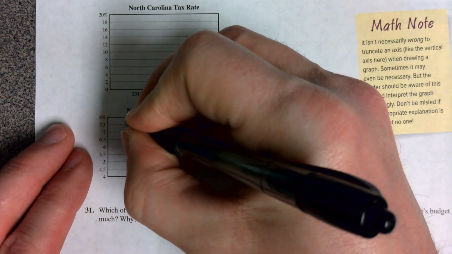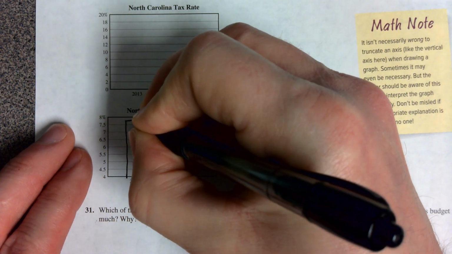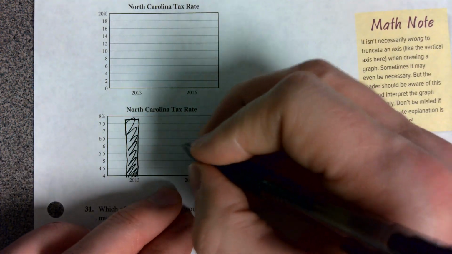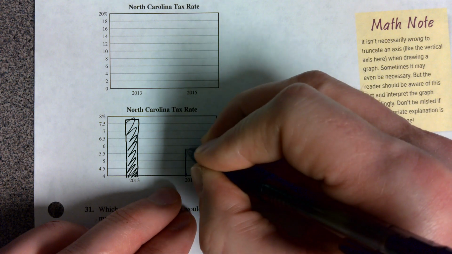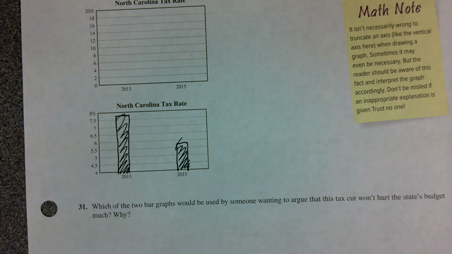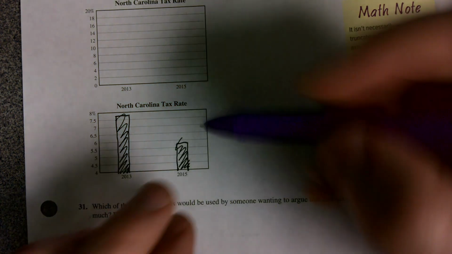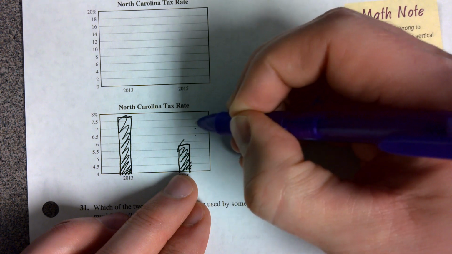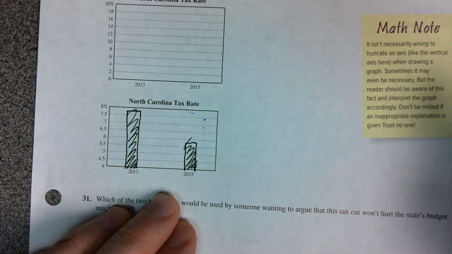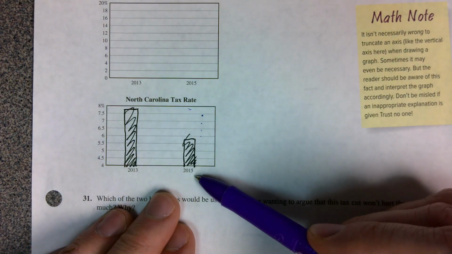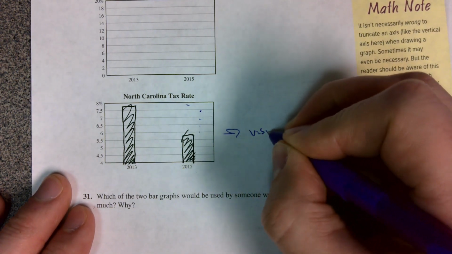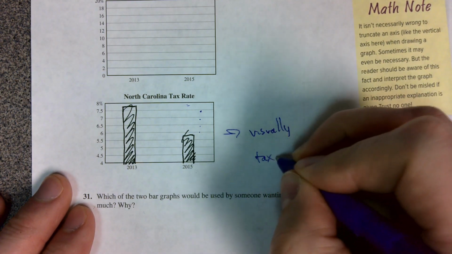So remember, 2013's income tax rate was 7.75 and 2015's income tax rate for North Carolina was 5.75. Visually speaking, if I count these lines, 1, 2, 3, 4-ish lines, it looks like it's about half the distance between these two. So this makes it look like, visually, taxes are cut in half.